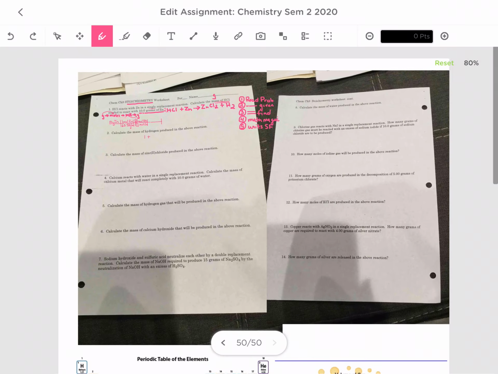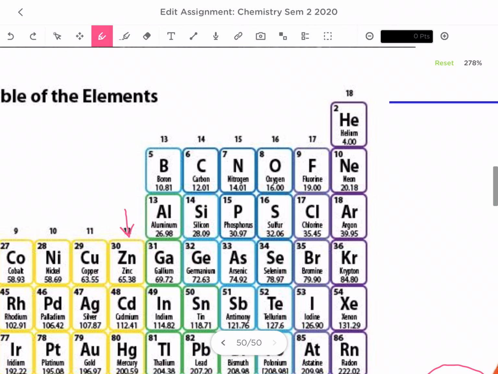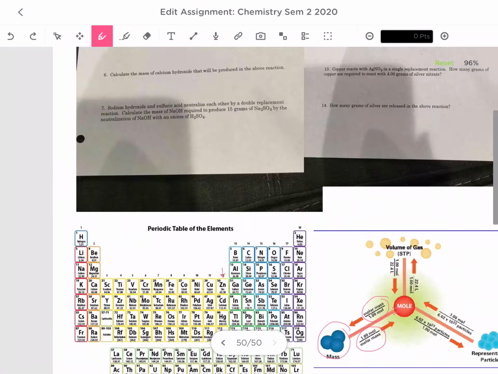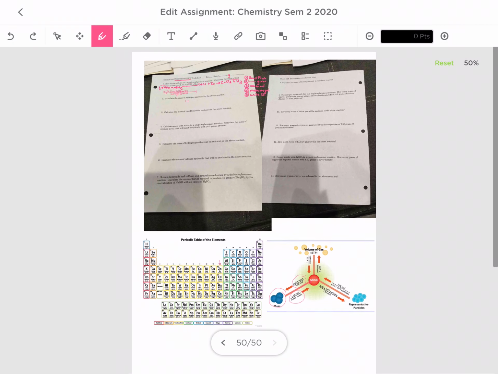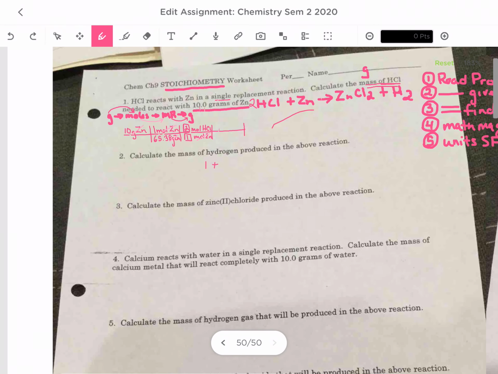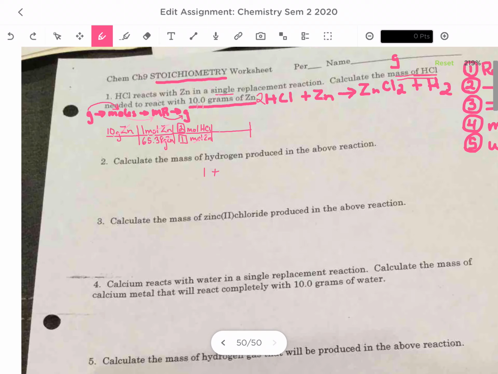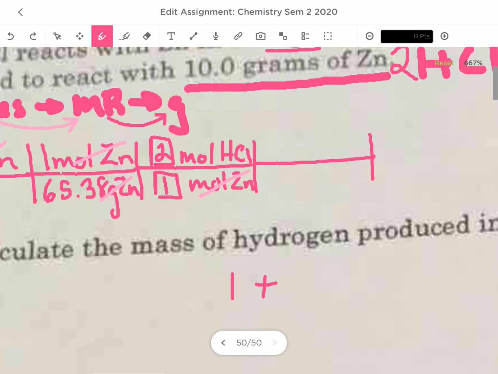I think it's like 35 point something. Cl is 35.45. So 35.45 plus 1 for hydrogen is 36.45 grams of HCl over 1 mole of HCl.